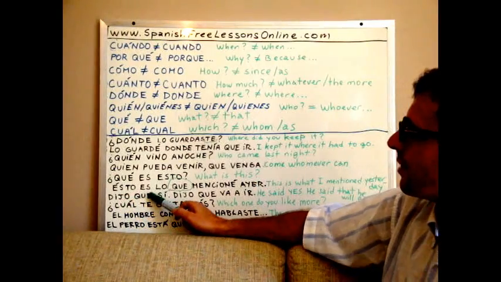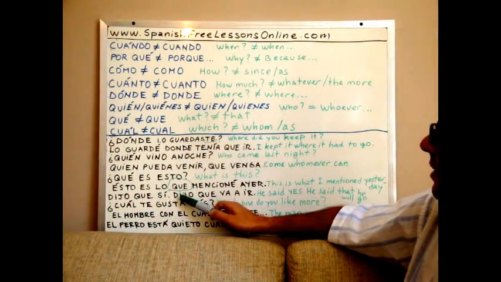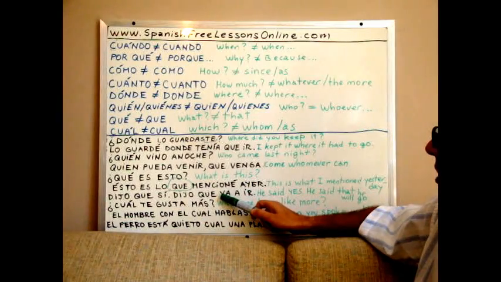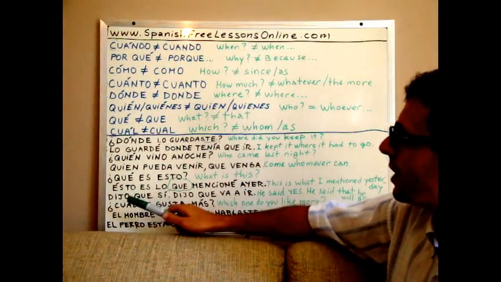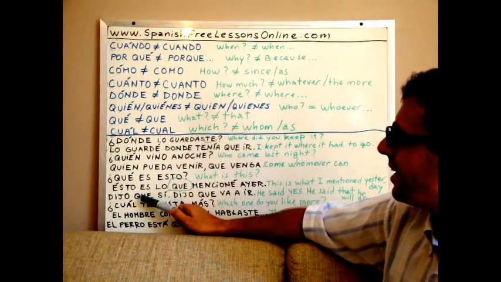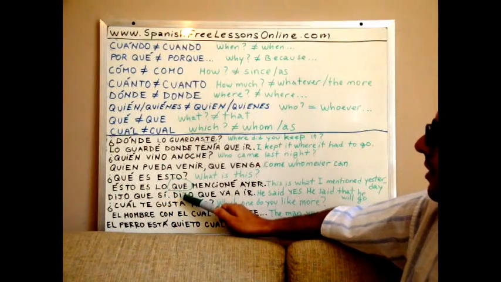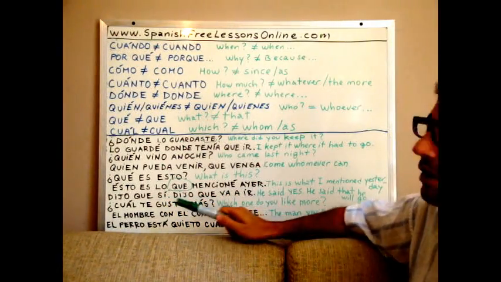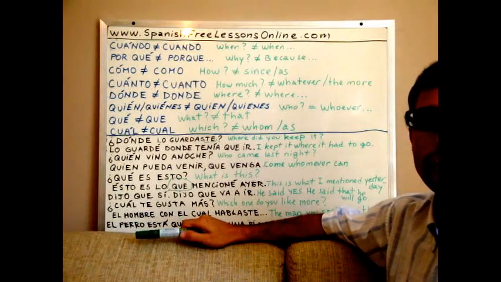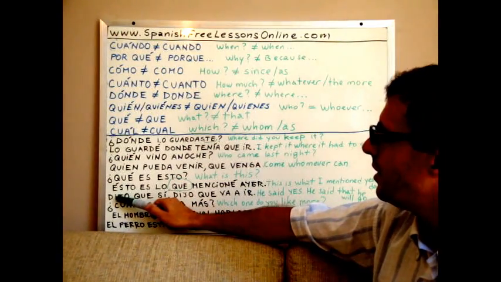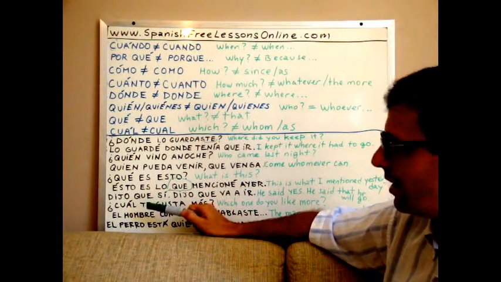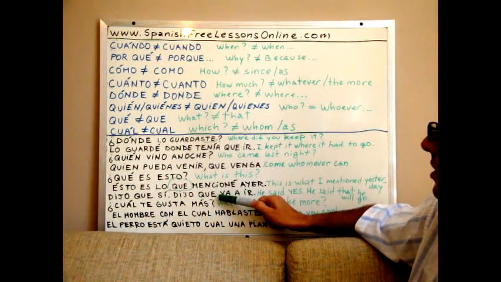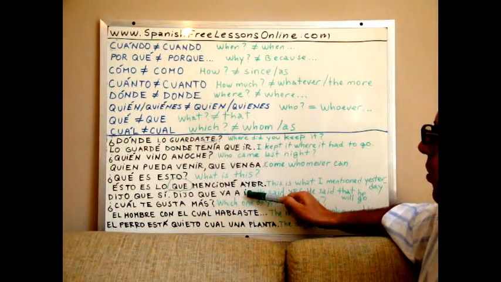He said that he will go, okay? Dijo que sí. Dijo que va a ir. Dijo que sí. Dijo que va a ir. He said that yes, or he said yes. He said that he will go, okay?